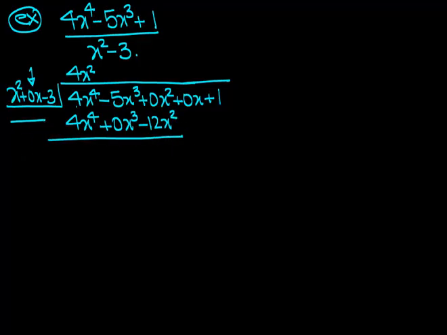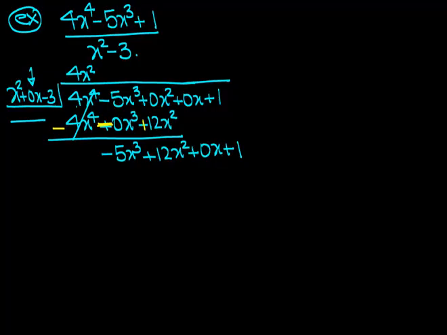So basically that makes this positive a negative, this a negative, and this a positive. So this cancels. So we get minus 5x cubed, because negative 5 minus 0 is just that, plus 12x squared plus 0x plus 1.